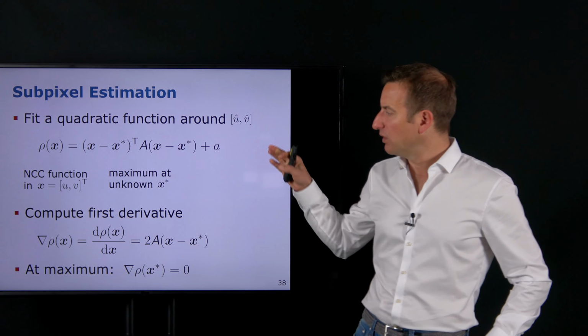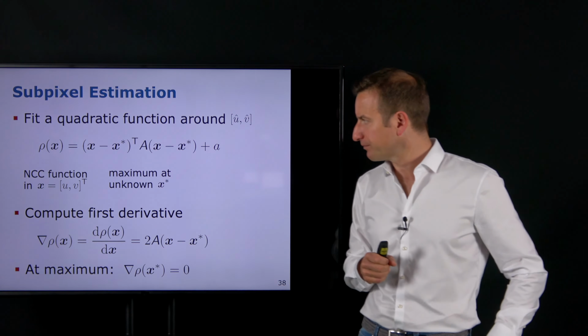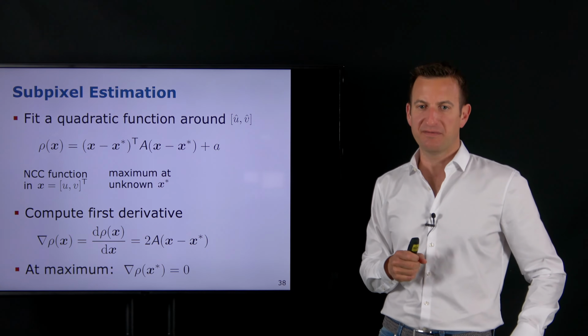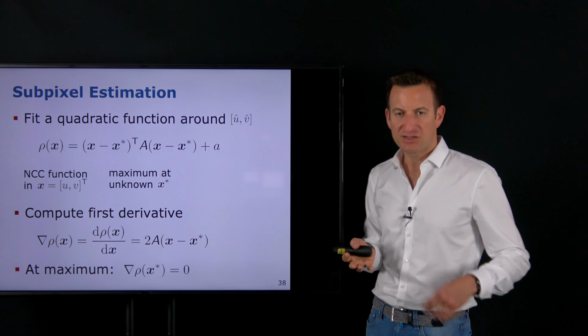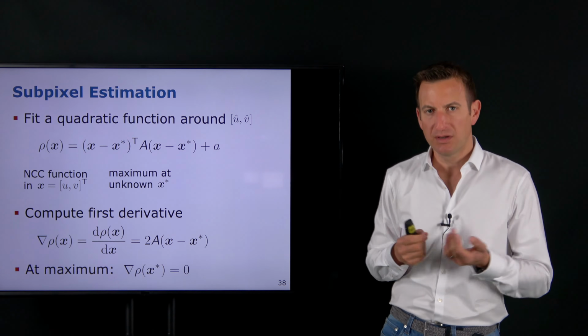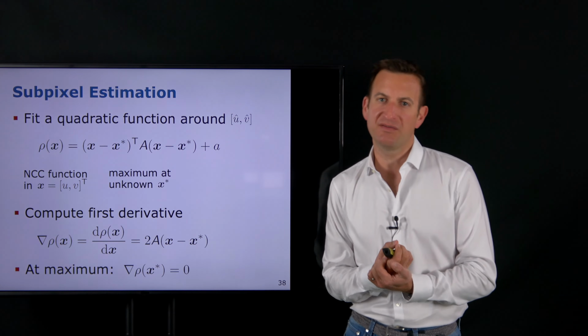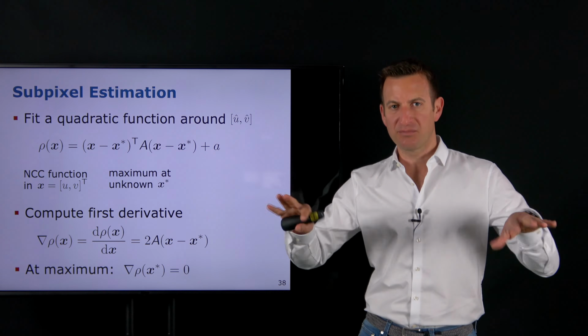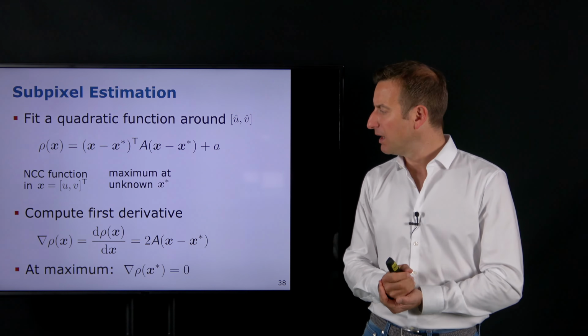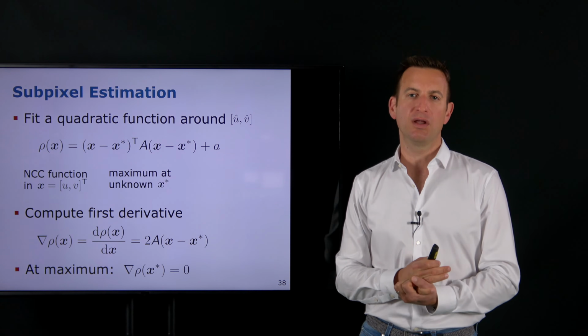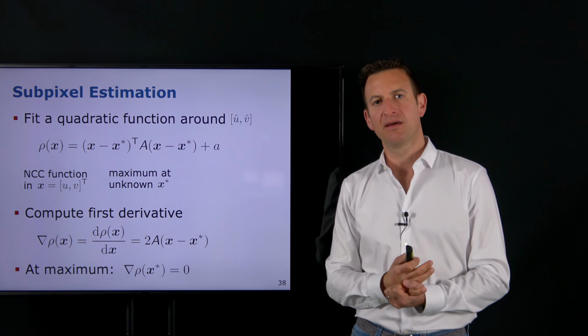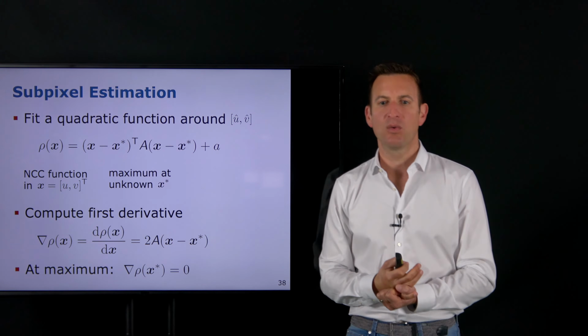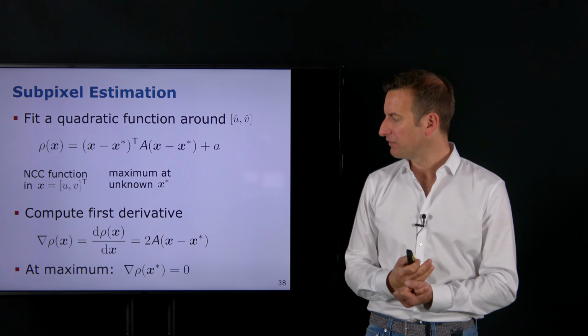And what do we need to do in order to compute the maximum of that function? So it's a quadratic function, so it's basically a parabola in 2D. And we know that if you want to find the maximum or the minimum, depending on whether the parabola opens to the top or to the bottom, we need to look into derivatives, right? Because at the minimum or maximum, we have the first derivative being 0.